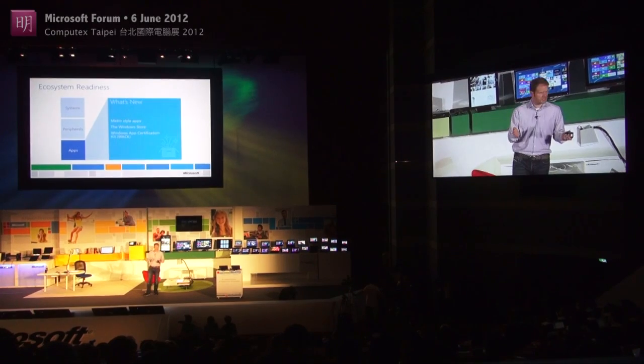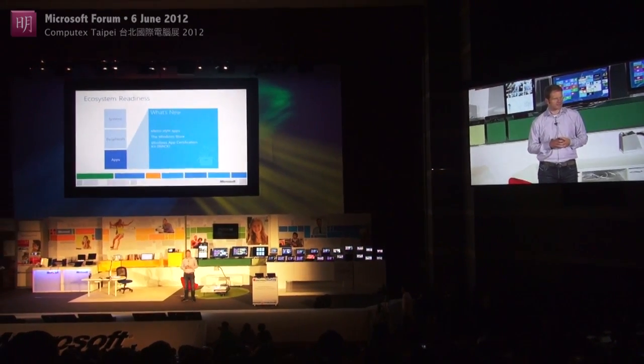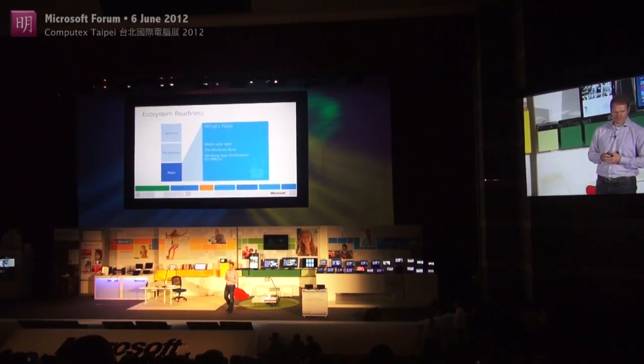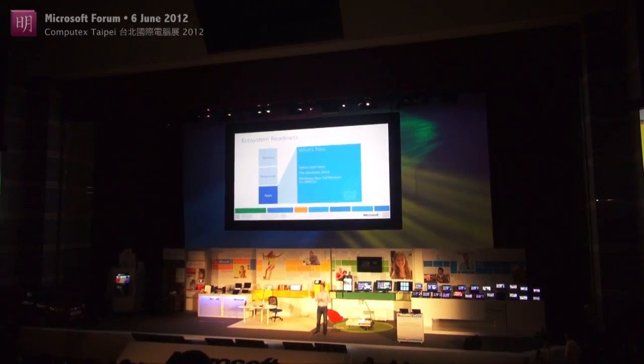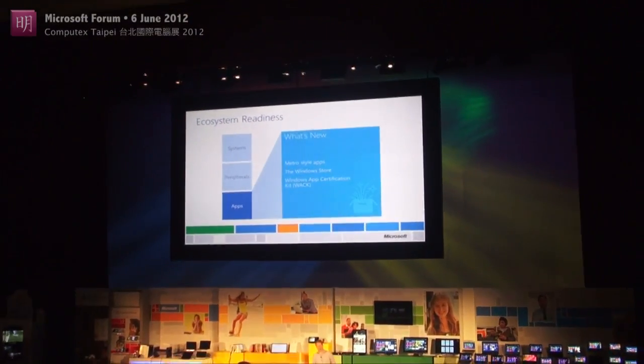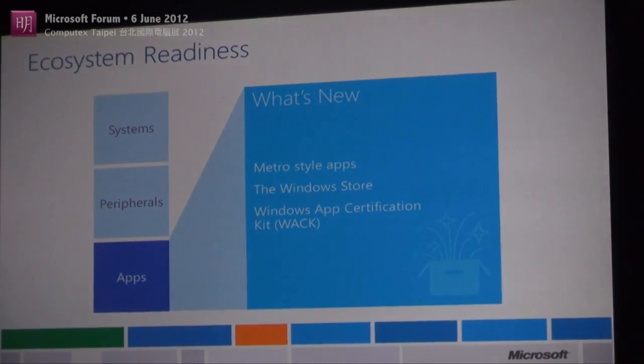You know, it is really astonishing to think about how much work the ecosystem has done in the last 18 months. We had Build in September of last year, and we had about 4,000 developers. With the release of the consumer preview in March, we kicked off a series of worldwide events.